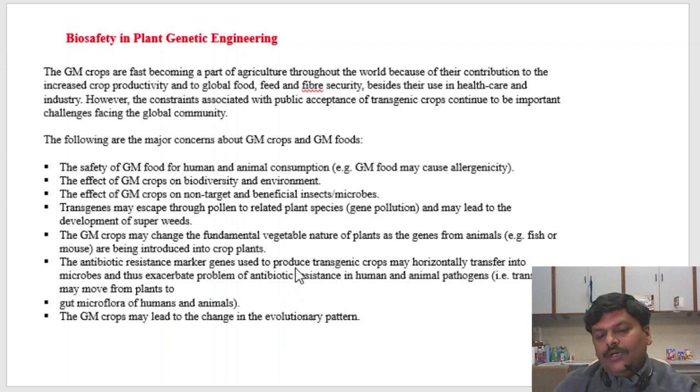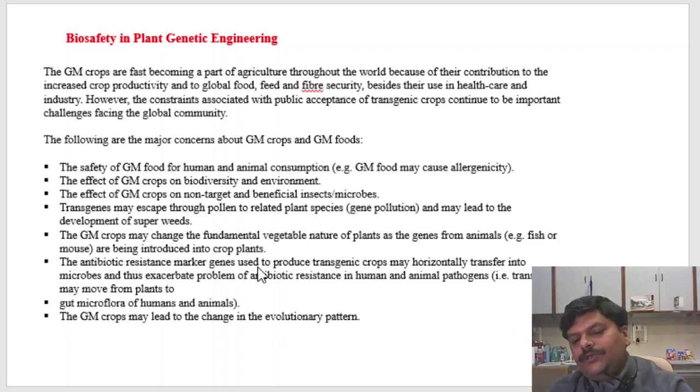Same way, it needs to be tested that the transgene should not be horizontally transferred to non-transgenic plants or some other plants through the action of air or through the action of insects or any other action. It should not be transferable from one plant species to another plant species which is growing nearby.